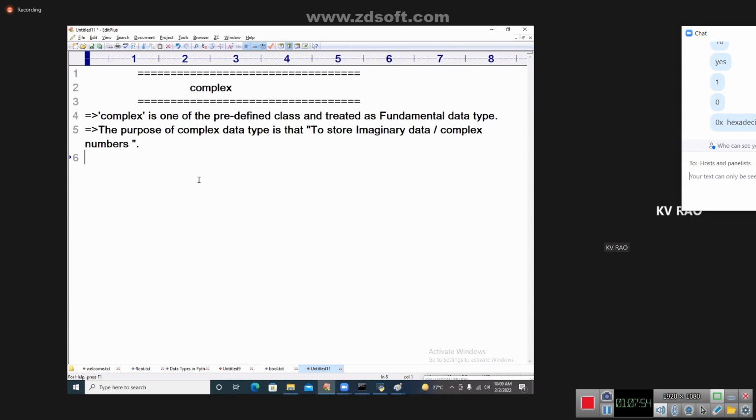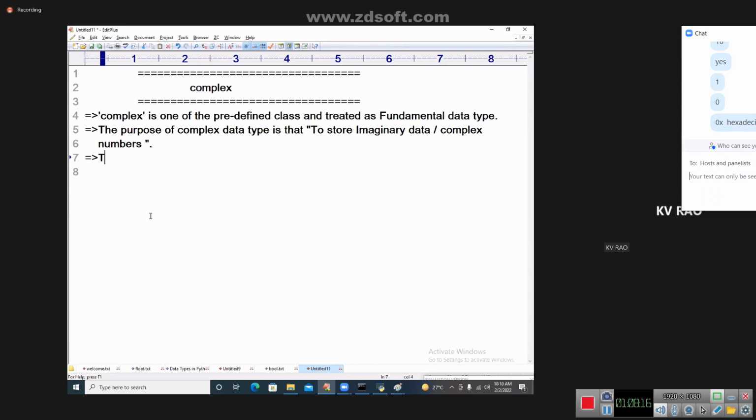Even in data science, you will come across that mathematical awareness. So to store such type of data called complex numbers, C programming does not have that, C++ does not have that, Java does not have, and Python only can contain the data for storing imaginary data or complex numbers.